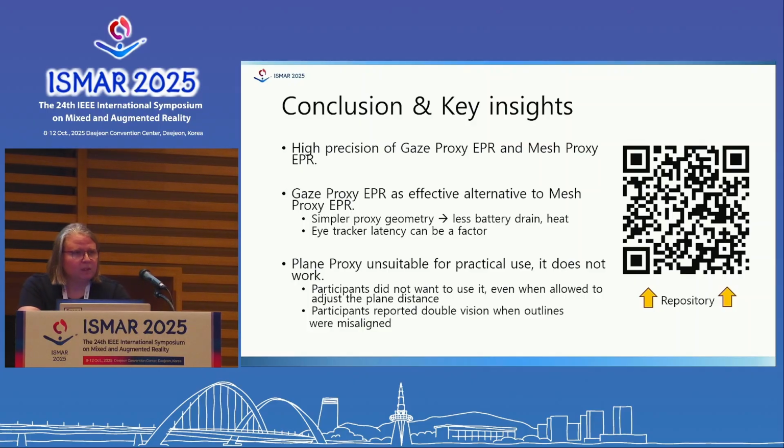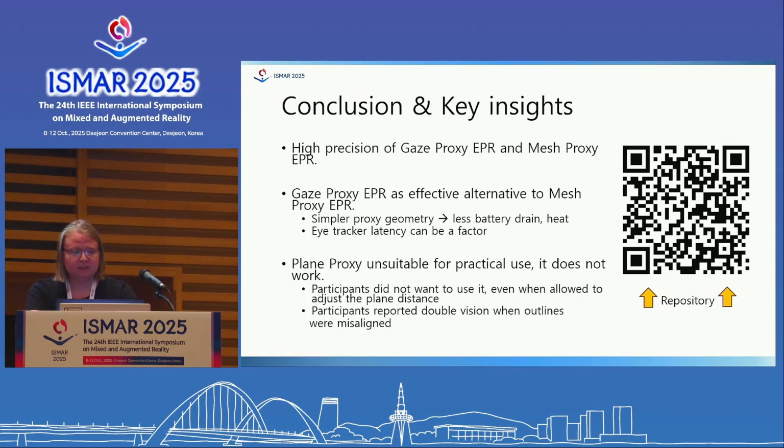It is simpler to implement as it does not rely on a mesh reconstruction. It causes less battery drain and heat, which is important for mobile devices. And what we also found in the study is that eye tracker latency can be an issue with this method and should be further investigated.